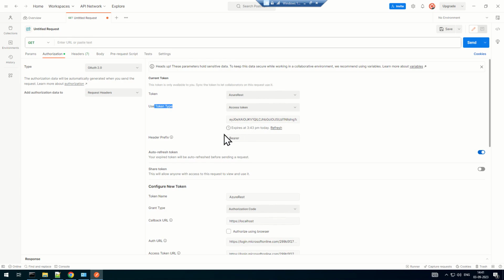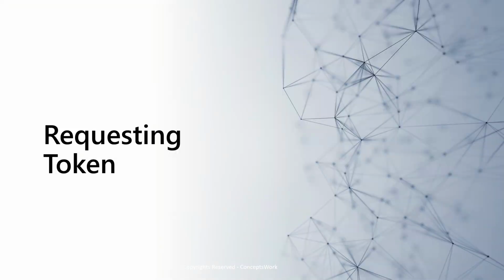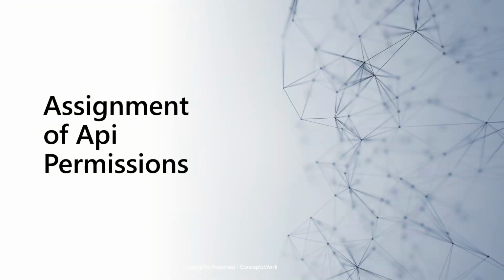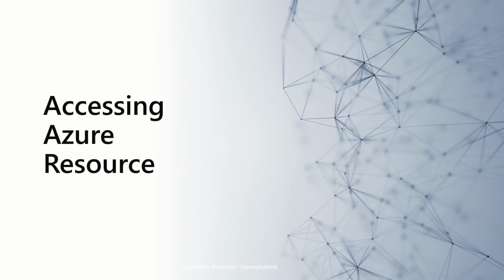Okay, now since we have a requested token, the next step is to make sure the right API permission has already been assigned. While I was showing you the process of requesting a token, I've shown you how the assignment typically works for an application. The next thing is to access an Azure resource itself, right?